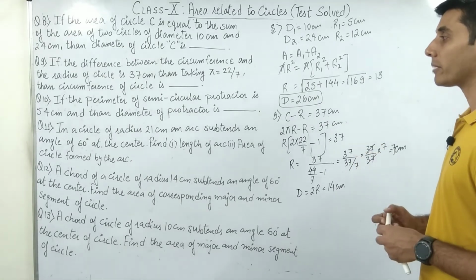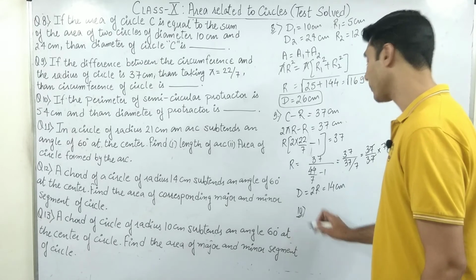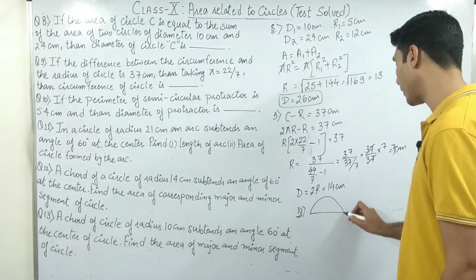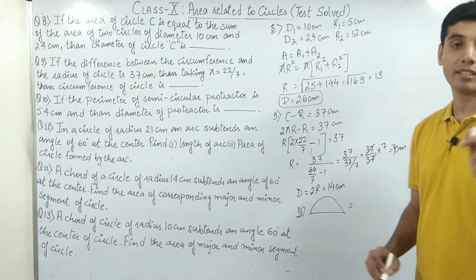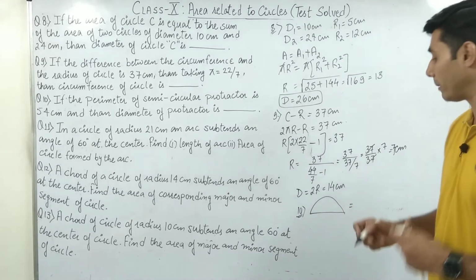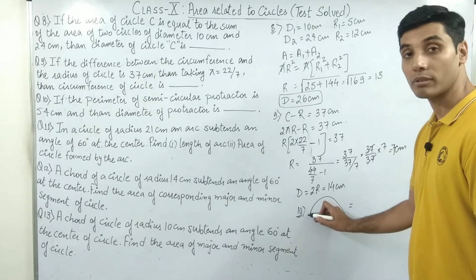If the perimeter of a semicircular protector is 54 centimeter, so they are saying the perimeter of a semicircular protector is 54 centimeter. Now guys, please understand there's a difference between the word circumference of a semicircle and the word perimeter. Perimeter means this along with this also.